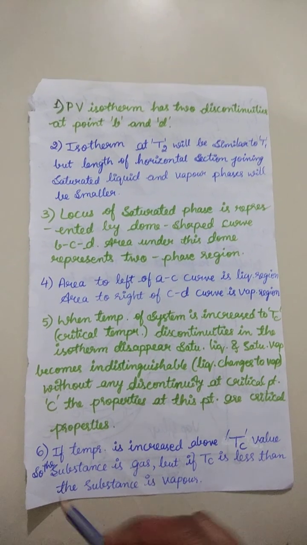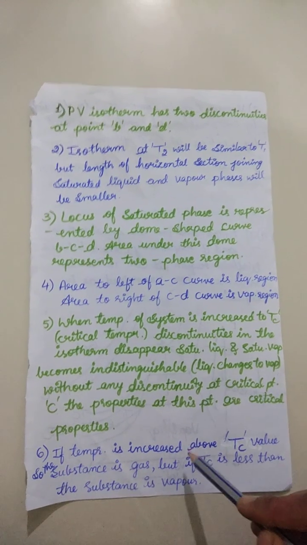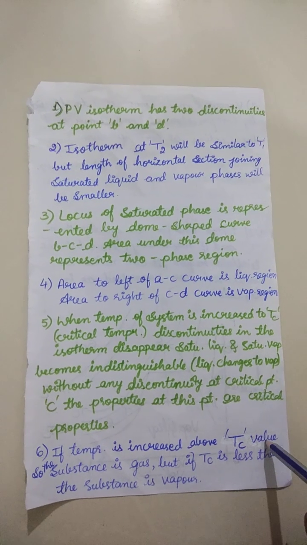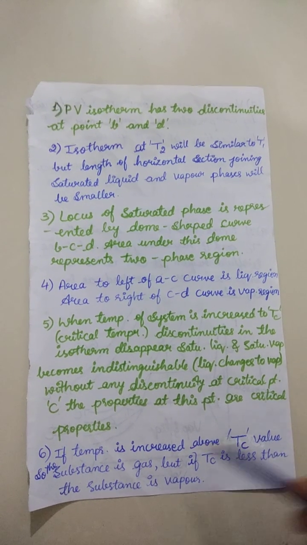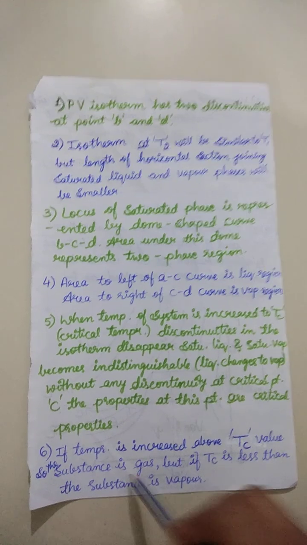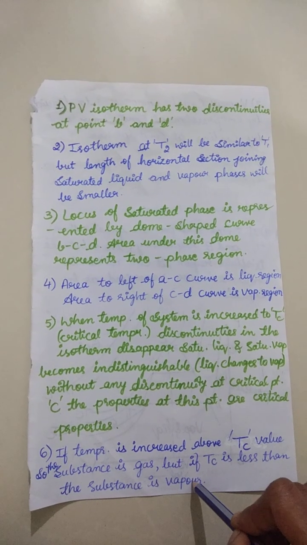Next, if the temperature is increased above this critical temperature TC, the substance is a gas, otherwise it will be vapor.